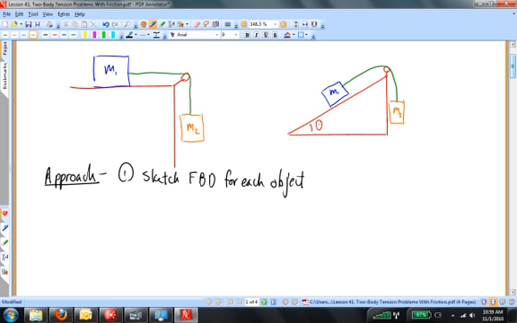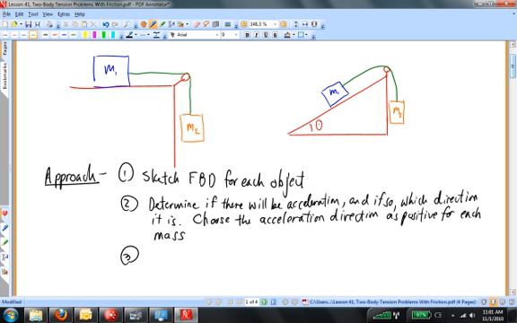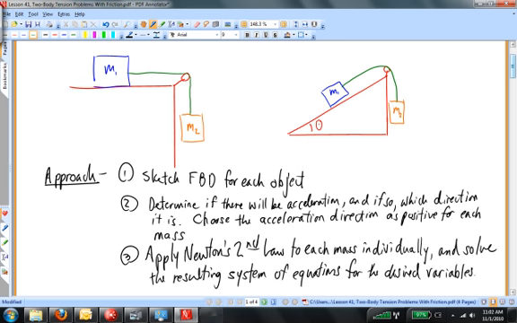And we would choose the direction of acceleration to be the positive direction. Finally, we then wrote Newton's second law for each mass, and then we solved the system of equations that we had for the things that we were looking for, which is usually the string tension and the acceleration.